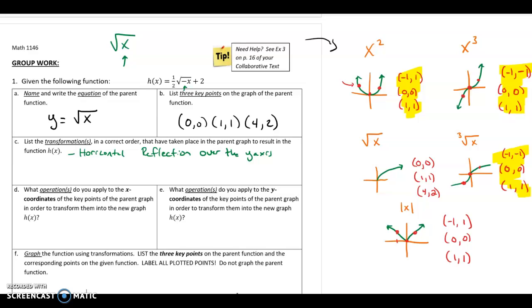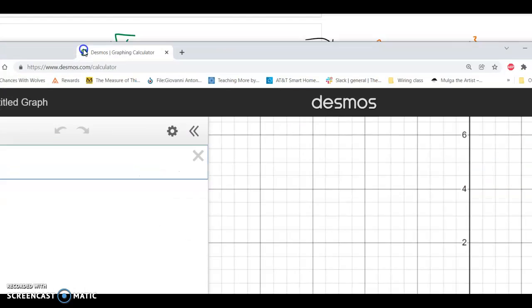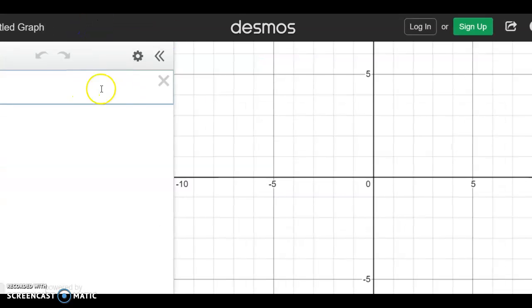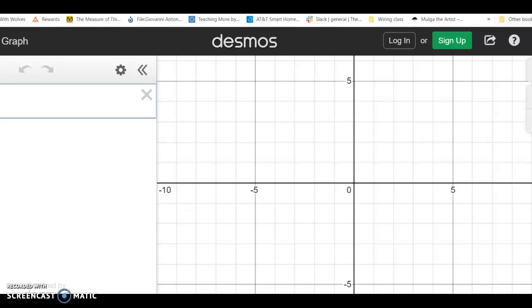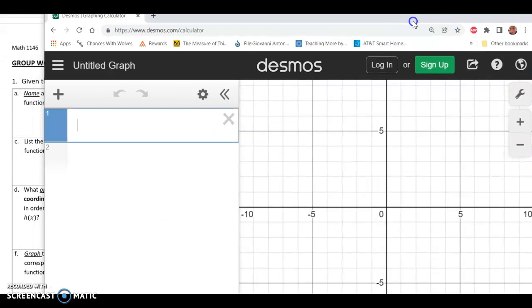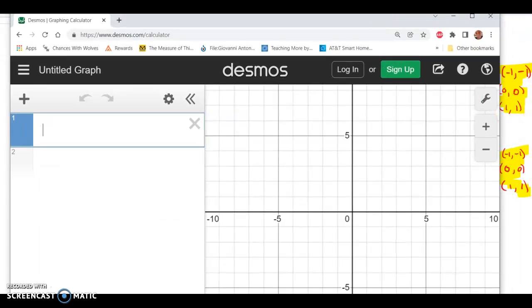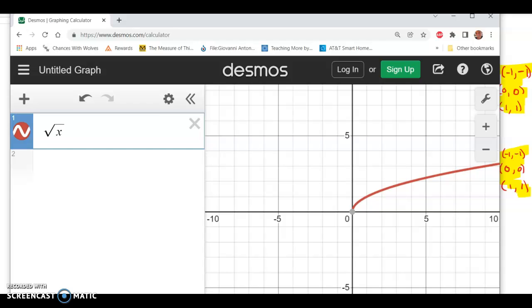I want to show you what I'm talking about in terms of a horizontal reflection. I'm going to pull a Desmos graphing calculator over here. This is really big. Let me shrink this. Sorry, thanks for bearing with me. Okay, I'm going to graph the square root of x. We can see it has that ray shape.